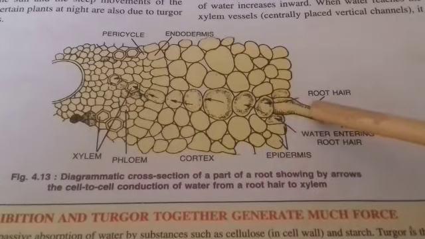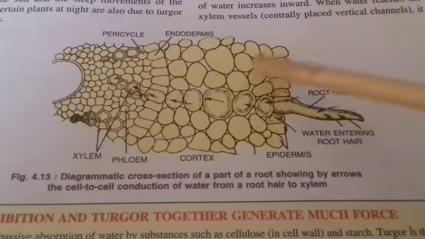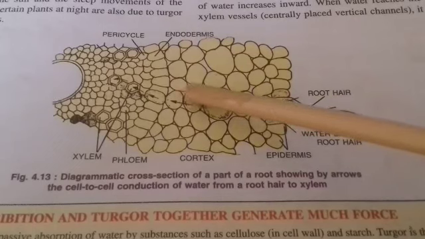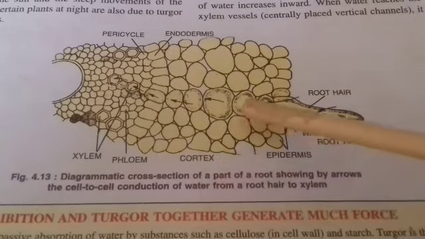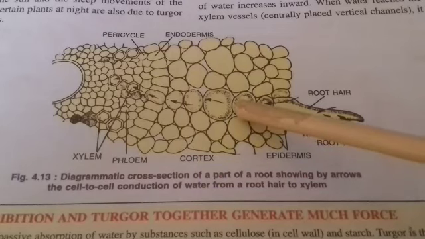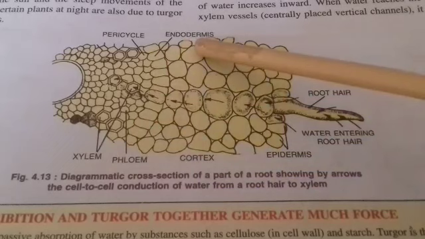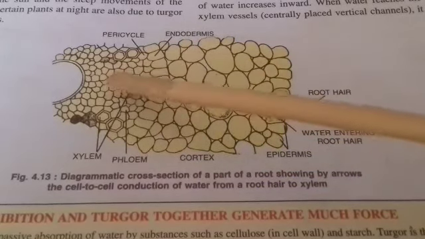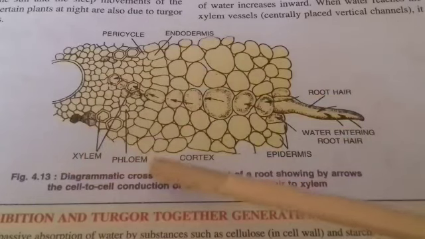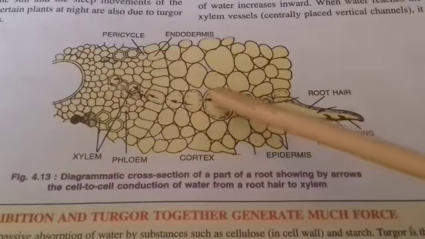The extension of the epidermis is the root hair, already we have learned in the previous videos. And here many layers of cells you can see, these all come under the cortex region of the root, and the innermost cortical layer is known as endodermis. Then there is another layer that is known as pericycle. Then the conducting tissues, namely xylem and phloem. This is the internal structure of the root.